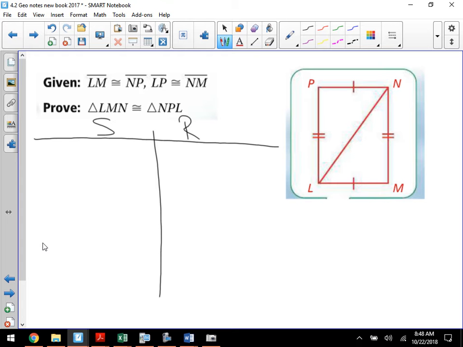Give you guys a second here to fix right in. So here's what we got.